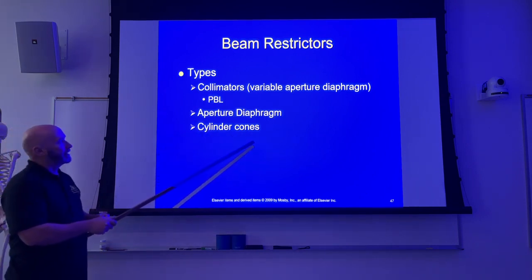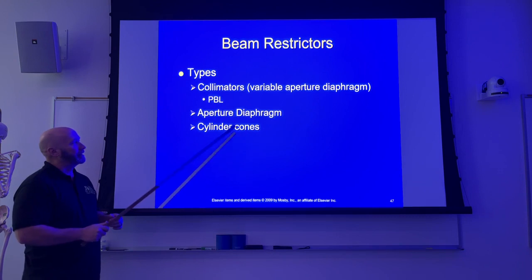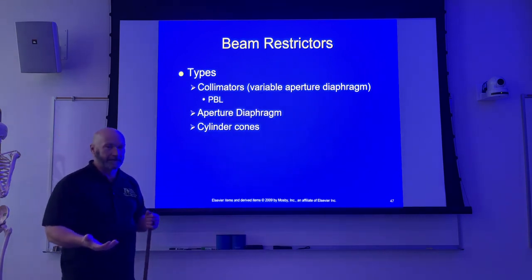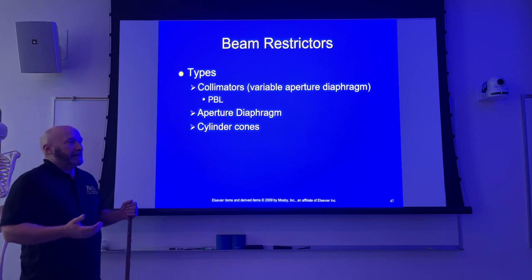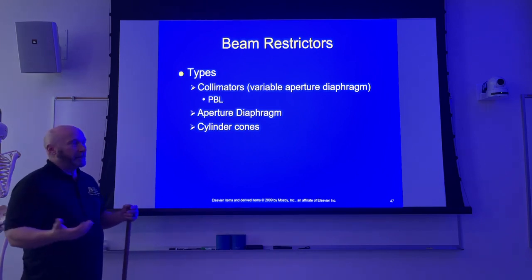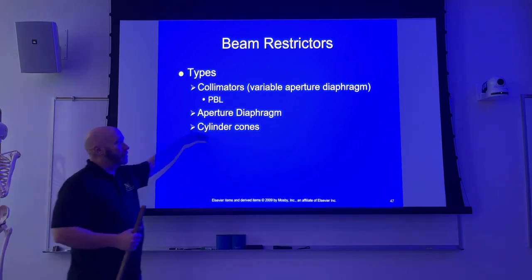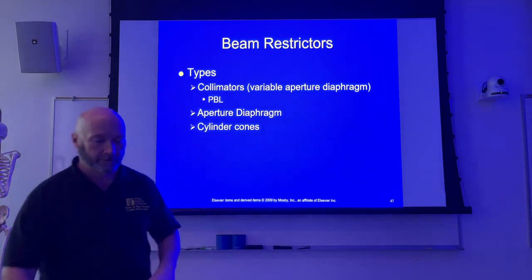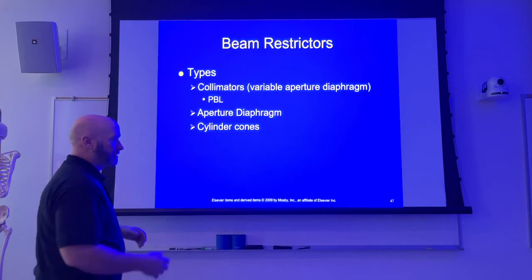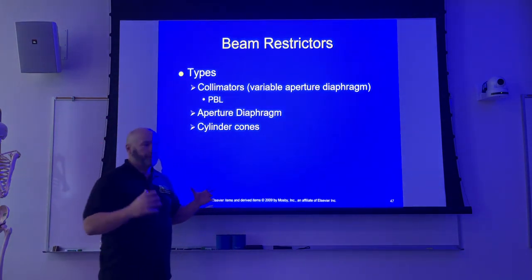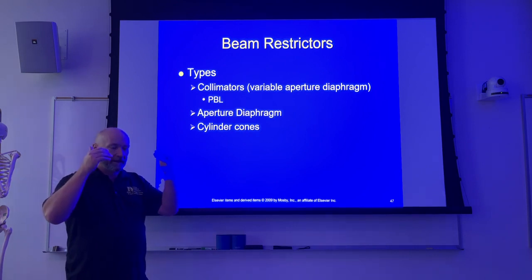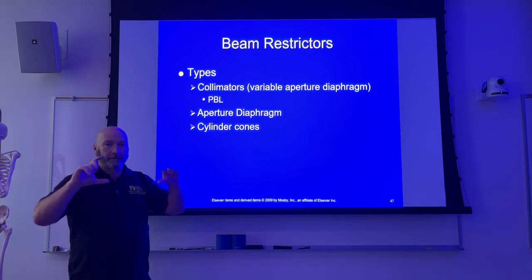So an aperture diaphragm is kind of like a collimator, except it's not variable. So what you've got there is kind of like what Rollins had. And that is, we didn't use leather, but it's just a hole in a big chunk of lead. So what we would have, and you might be able to see this on some of your x-ray units, if you look at the bottom of the collimator housing, you might see what looks like a couple of rails.